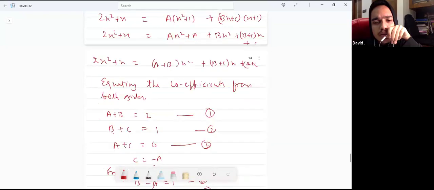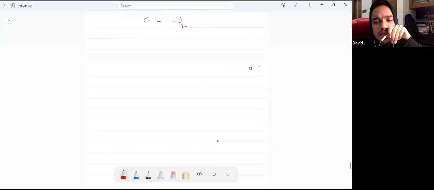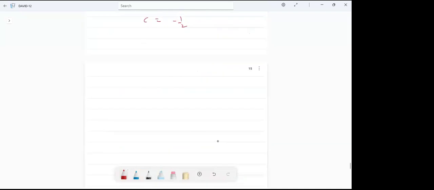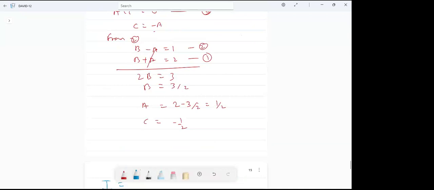So the integral will be a upon x plus 1.